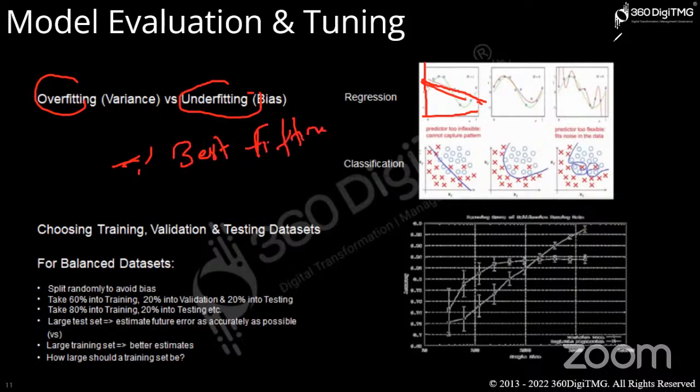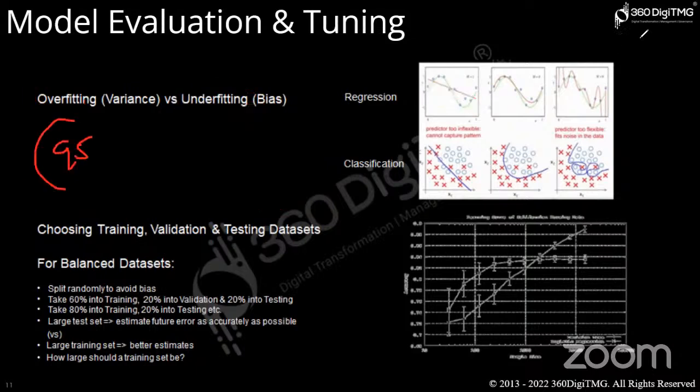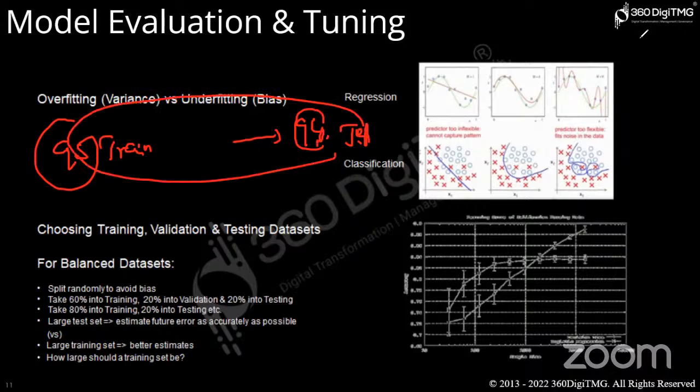In that case, what will be your accuracy? It shouldn't be more than 1% difference between training accuracy and testing accuracy. If you have, let's say, 95% accuracy in training, you should be having near 94% testing accuracy. Then only we can say it is a best fit.